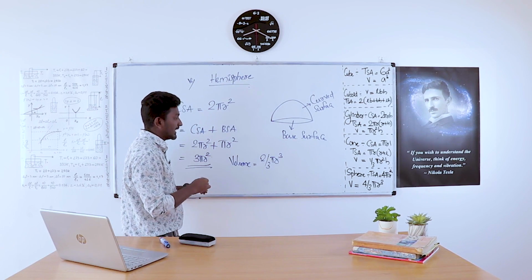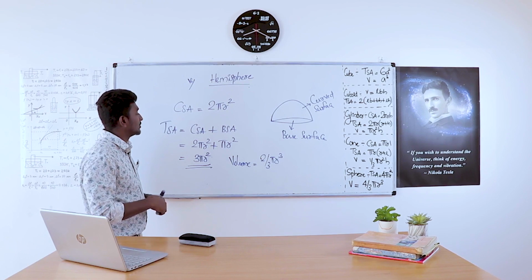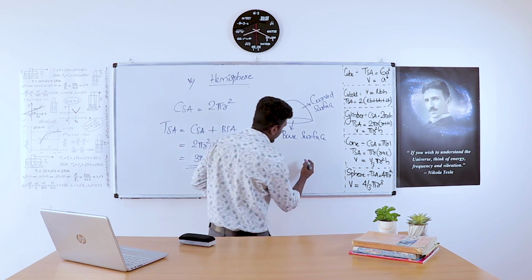So in case of a hemisphere, curved surface area is 2 pi r square, total surface area is 3 pi r square and volume is 2 by 3 pi r cube.